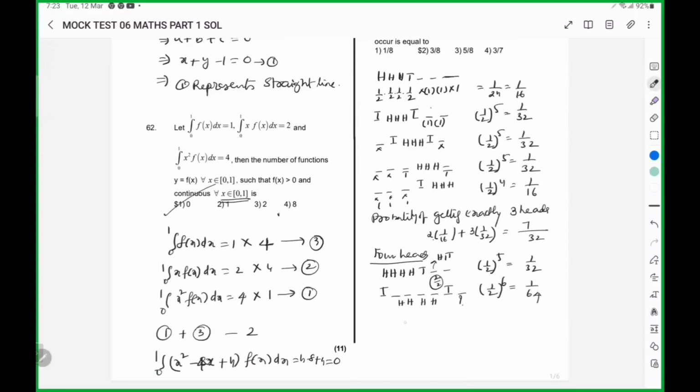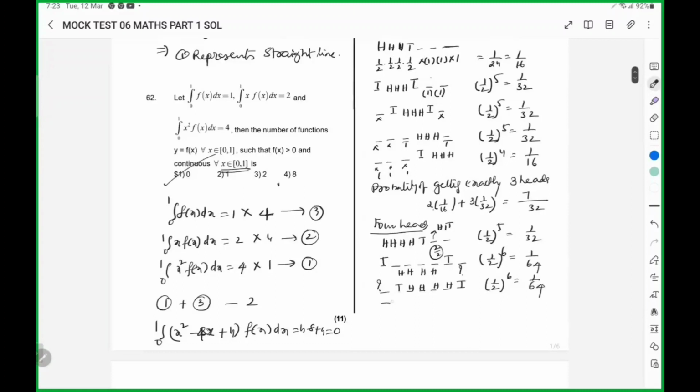Similarly, third, fourth, fifth, sixth head. Here tail, here can be anything. Here also tail. So it is half power 6. Again, fourth, fifth, sixth, seventh attempt.